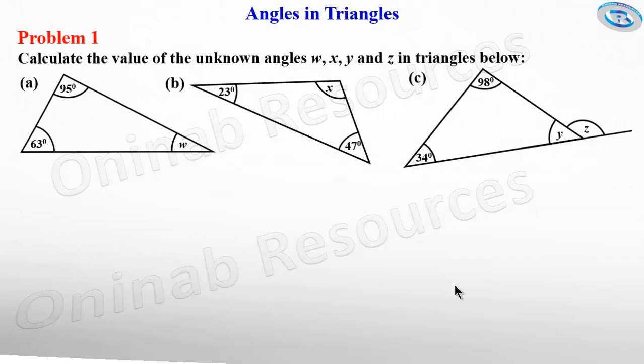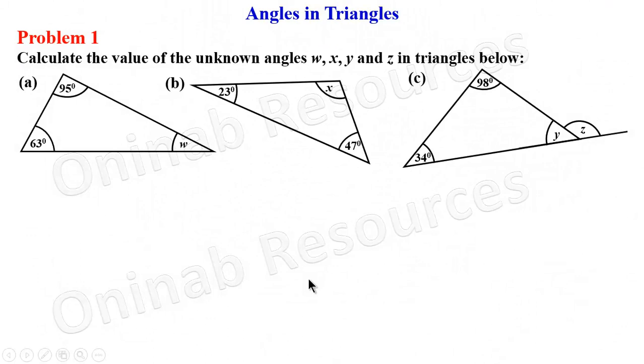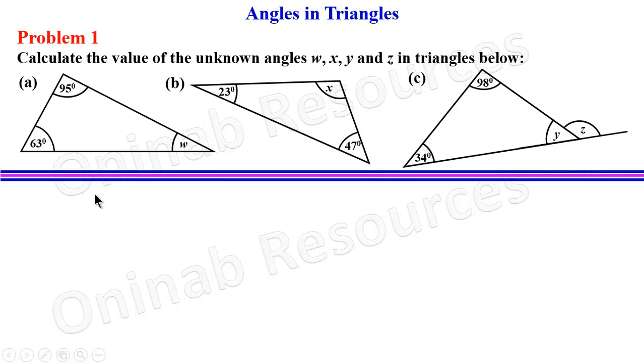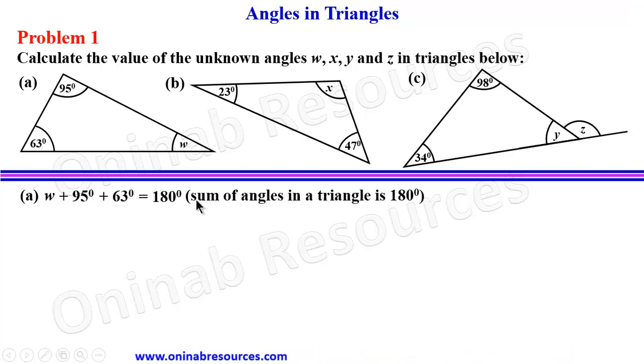So we start with problem 1. Calculate the value of the unknown angles W, X, Y, and Z in the triangles below. We have triangles A, B, and C. So we start with A. For problem A, we are going to add W plus 95 degrees plus 63 degrees is equal to 180 degrees, because sum of angles in a triangle is 180 degrees.